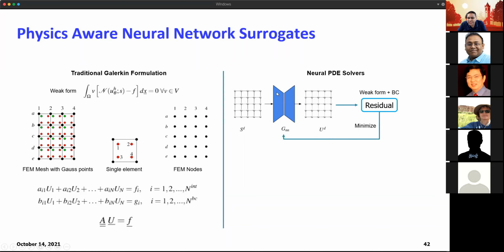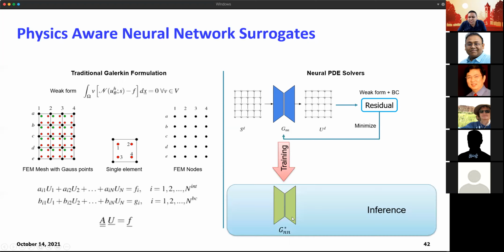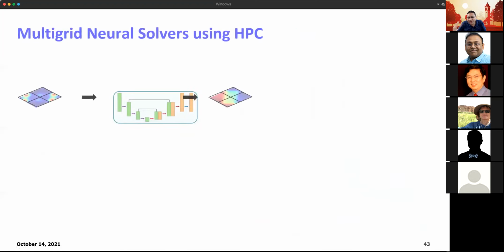You train this for different sets of inputs and outputs. Once you perform this training, you get a trained neural PDE solver, which during inference can take any set of inputs and predict the output much faster than you would need to solve this PDE. So that's the overall idea.